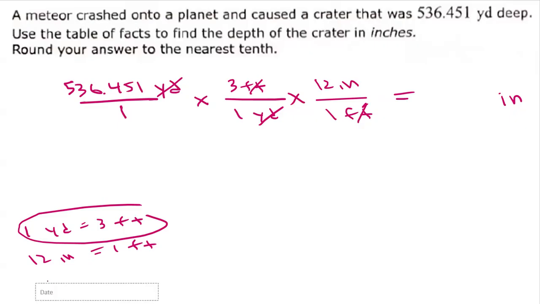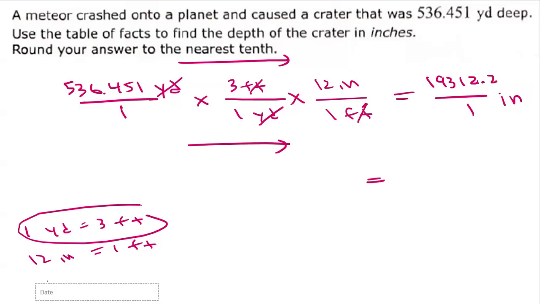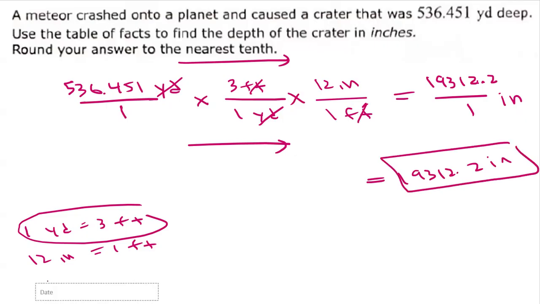The top, when we multiply everything out, we get 19312.2. The bottom is just 1, because 1 times 1 times 1 is 1. So our final answer is 193.12 inches.